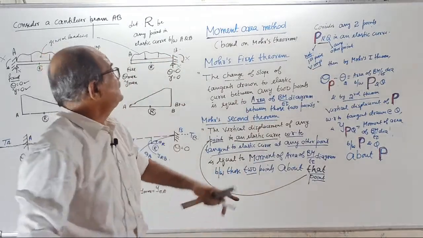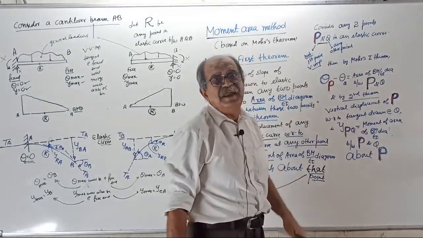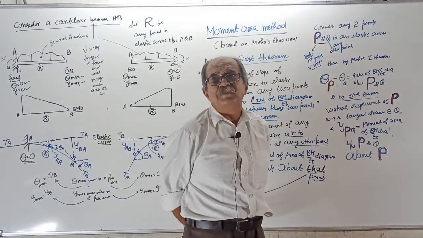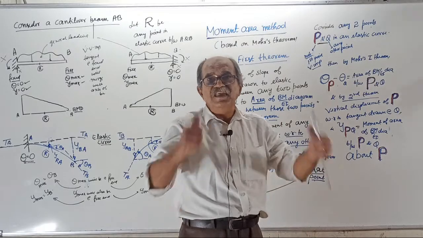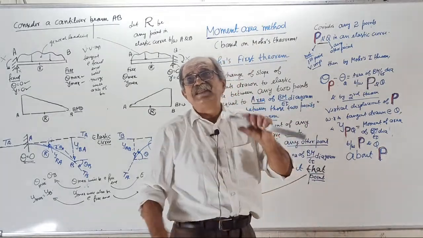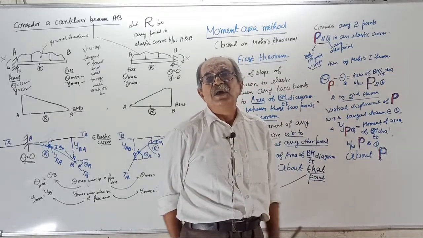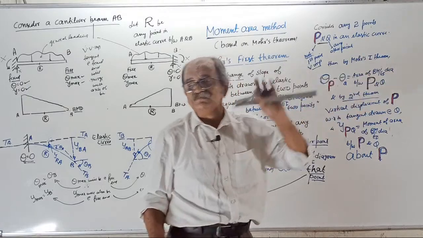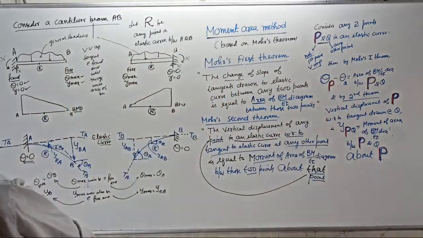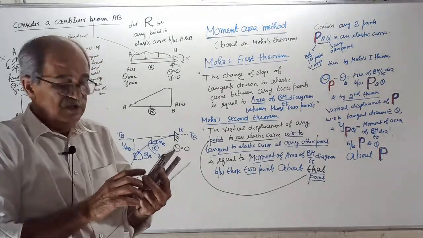If I write the first theorem for A and B, theta A minus theta B equal to the area of the BM by EI diagram between A and B. Or if I call E and F, theta E minus theta F equal to the area of the BM by EI diagram between E and F. Clear? Clear or not? Clear concept?